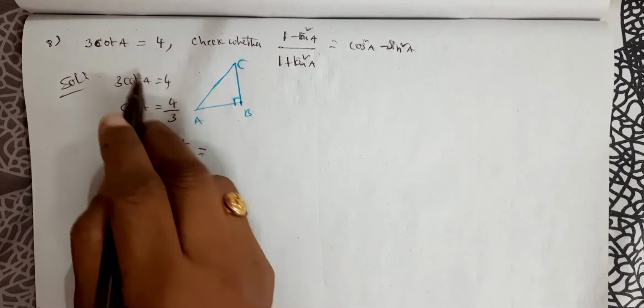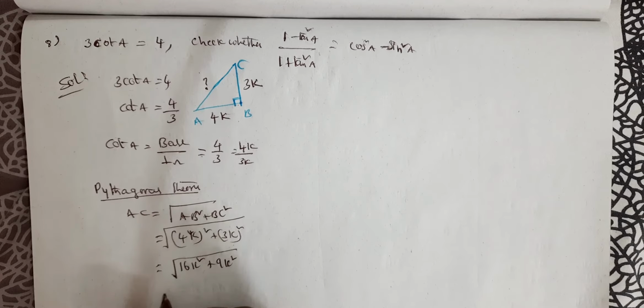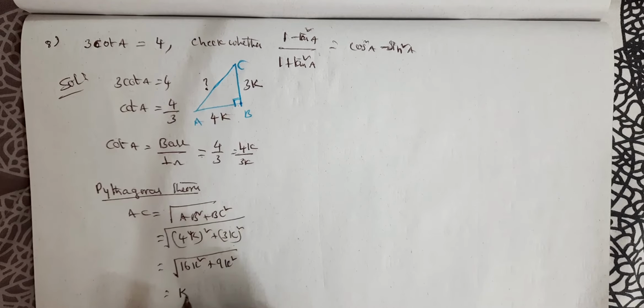So that is equal to 16k square plus 9k square. I can take k square common and outside the root it becomes k. Now 16 plus 9 is 25, that means 5k, because root of 25 is 5. So now we know the value of AC, which is 5k. Now we know all the three values. Now our job is to verify this one.